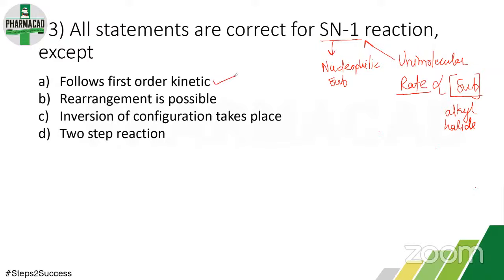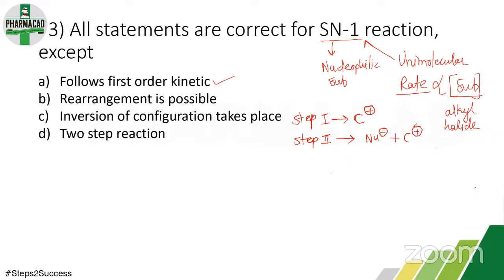Second, rearrangement is possible. Now, SN1 reaction is a two-step reaction. In step 1, what happens? Formation of carbocation, right? And in step 2, attack of nucleophile on the carbocation which is formed in step 1.